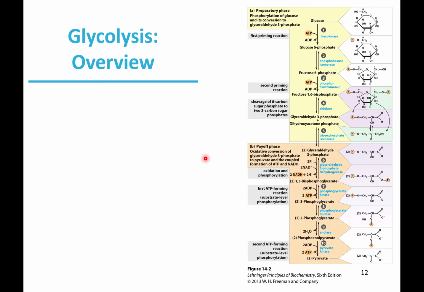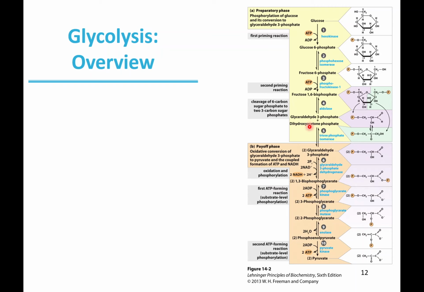Okay, we're going to look a little bit more closely at all of these steps, so you don't need to memorize this right now. The first 4 to 5 steps are considered the preparatory phase. And I say 4 or 5 because it depends on the figure you're looking at. Some figures just call the first 4 steps the preparatory phase. Others include the 5th step here.